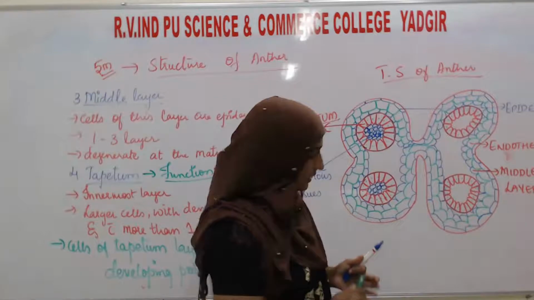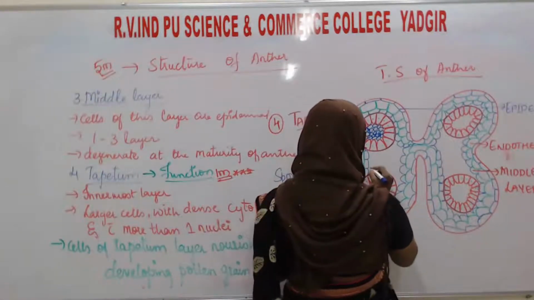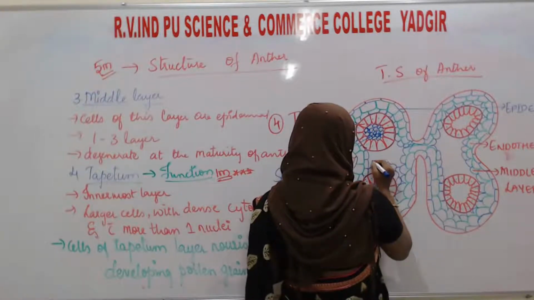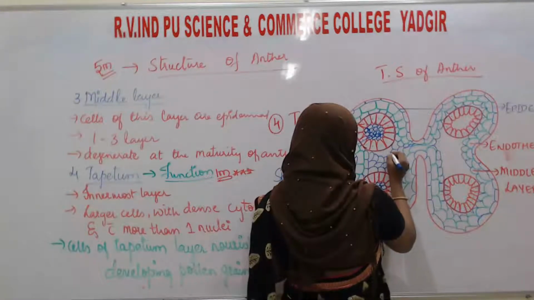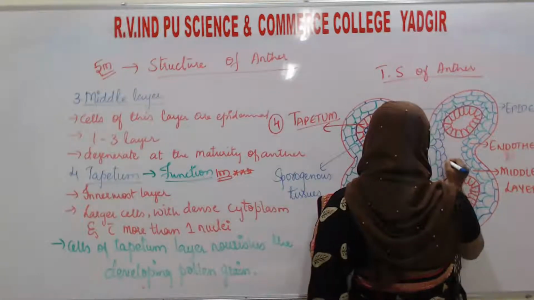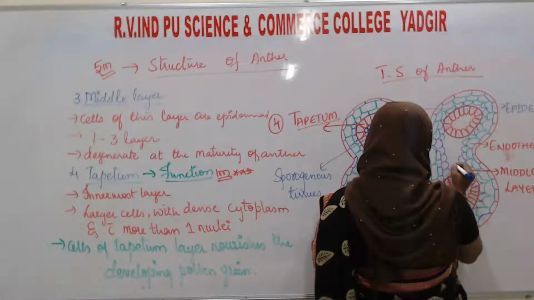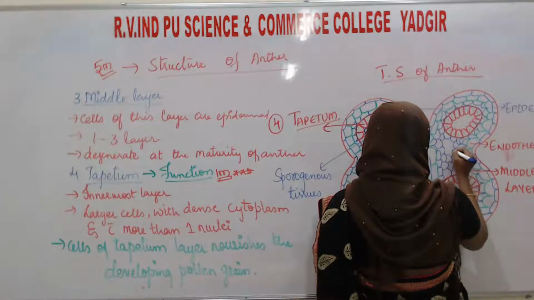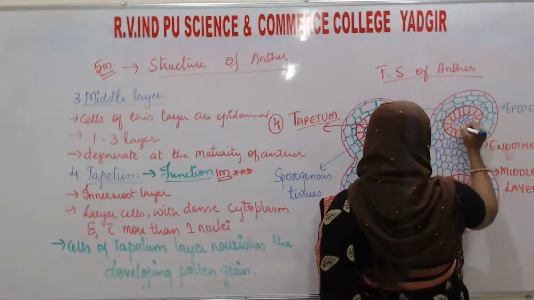So here you can fill this gap with the middle layer. This is the middle layer. Here there will be the presence of sporogenous tissue.